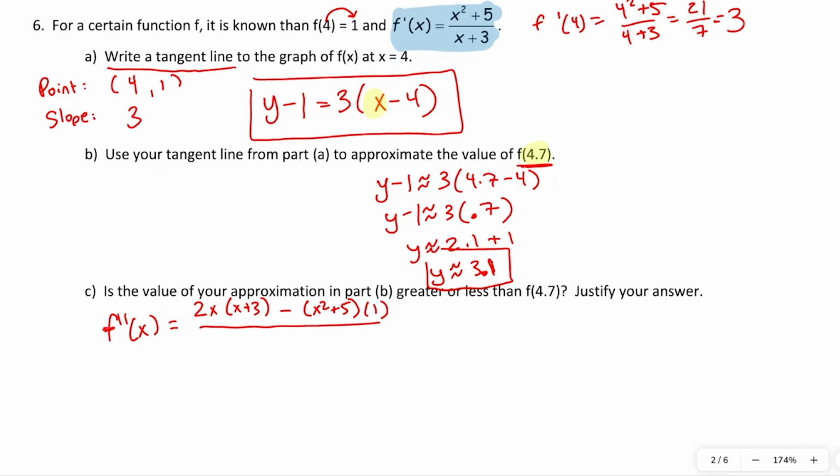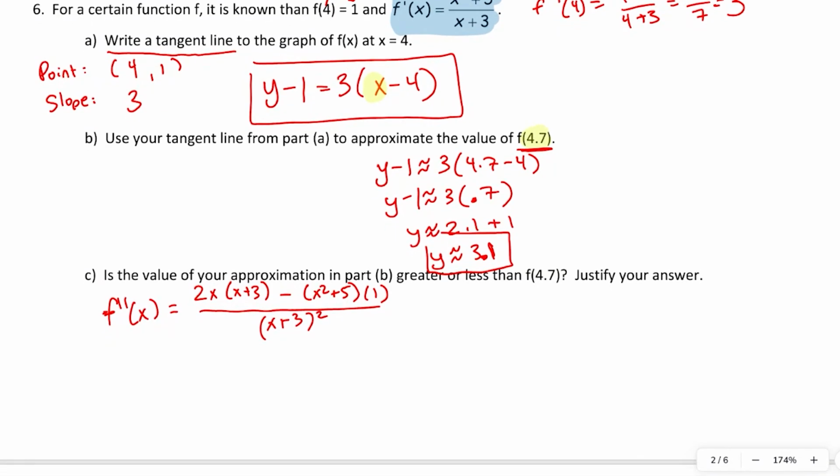Divided by the bottom squared, so divided by x plus 3 squared. Okay, so we're going to use the x value where the actual tangent line is hitting to determine at that point whether it's concave up or concave down. So we're going to check the second derivative at x equals 4.